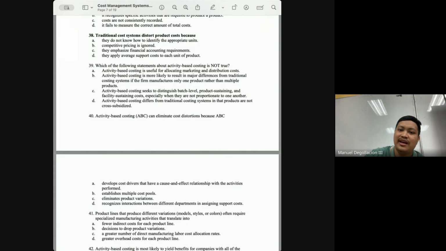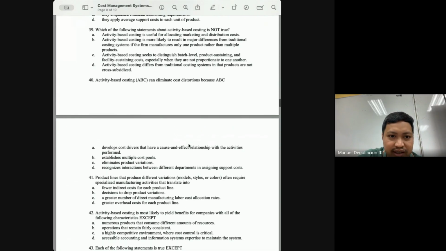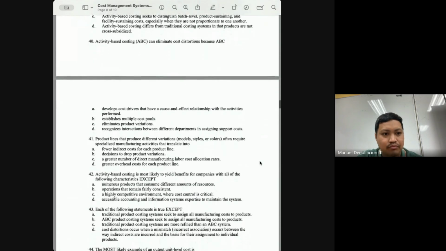Answer for number 39 is bravo. 40, activity-based costing can eliminate cost distortions because ABC develops cost drivers that have a cause and effect relationship with the activities performed. Answer for number 40 is alpha.